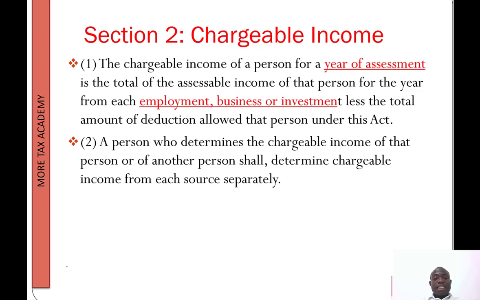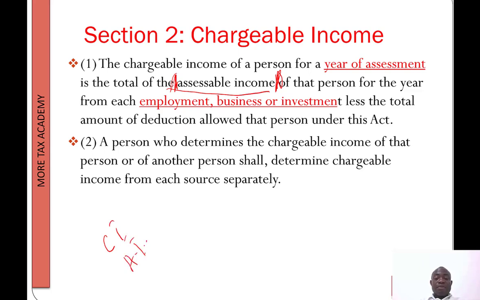Now section 2 says the chargeable income of a person for a year of assessment. And again, he's mentioning the year of assessment here, so pay attention to that too. So the chargeable income of a person for a year of assessment is the total of the assessable income. See that he has now introduced another form of income here. So we now have the chargeable income and then the assessable income.